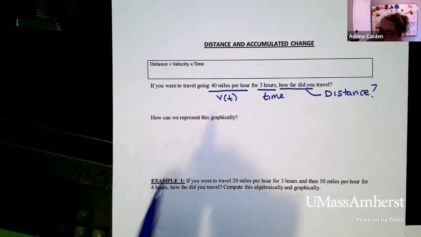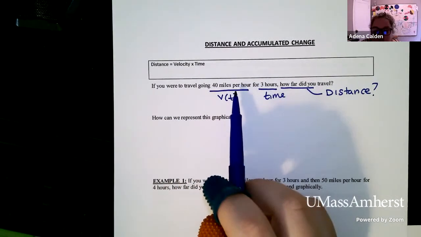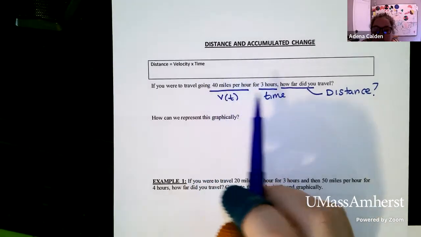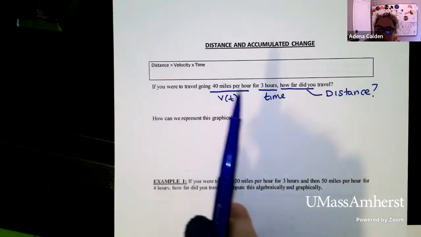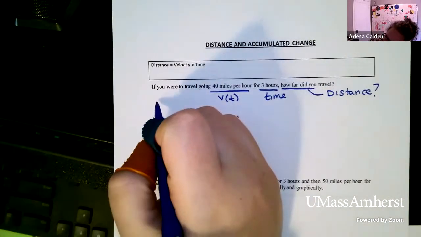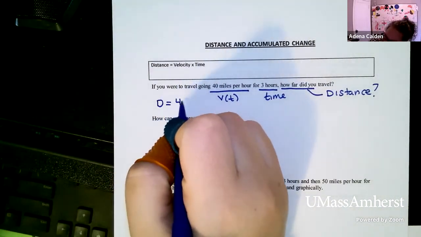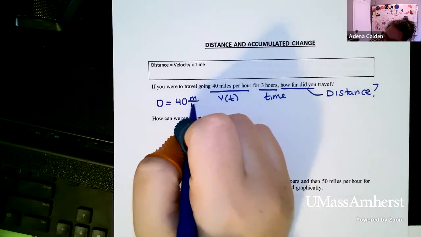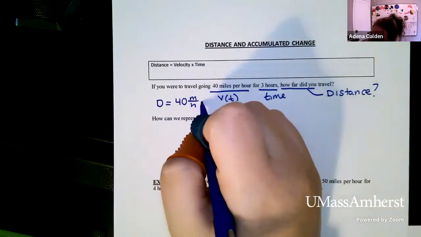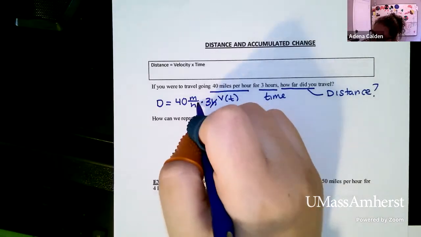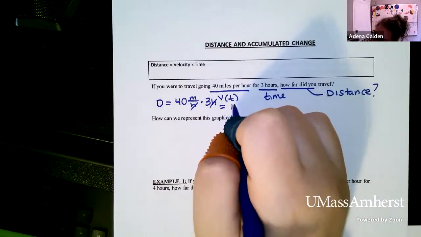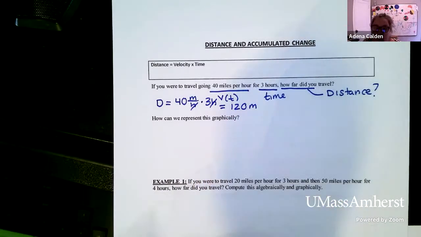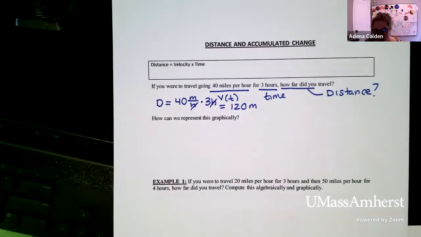And so what this equation is saying is that if we take our rate of change, 40 miles per hour, we multiply how long we were going, that particular rate, that will give us the distance. So here we would do 40 miles per hour times 3 hours. The hours units are going to cancel. We have 3 times 40, which means we have 120 miles.